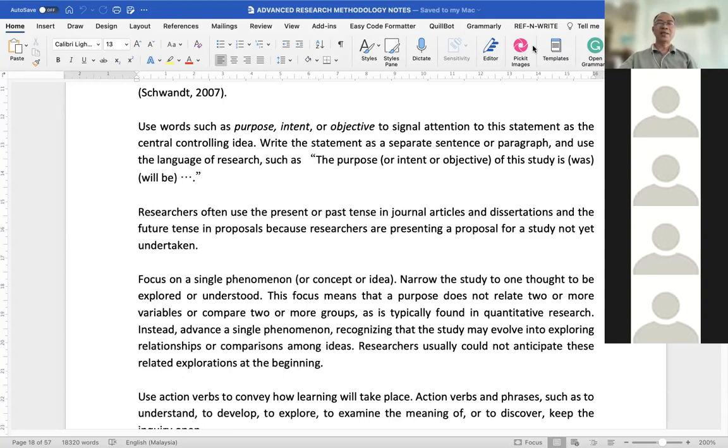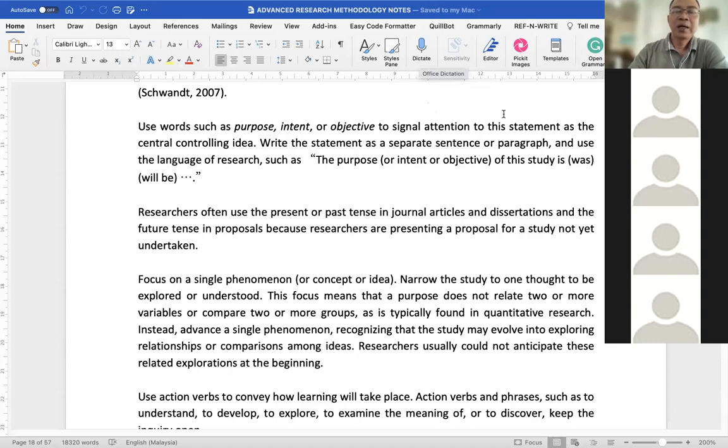Yes, before I answer that question, for quantitative research, usually the research objectives and research questions are obtained from the theoretical framework of the study. So usually it's very specific. You are right. In quantitative research, the research questions and objectives are very specific.